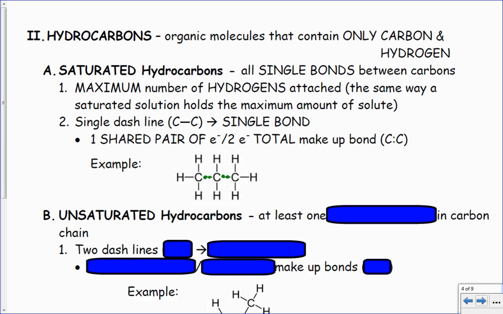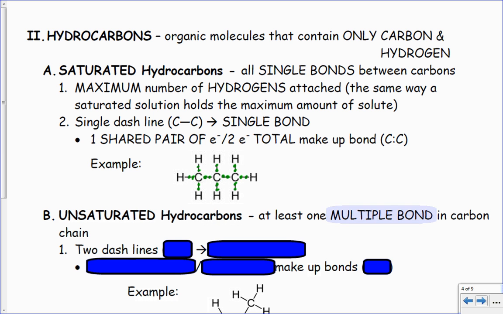Every single dashed line is 2 electrons, and if you count them up, we're obeying the octet rule that we studied earlier in the year, so that's a good thing. Carbon has its octet, and hydrogen has the 2 that it prefers.